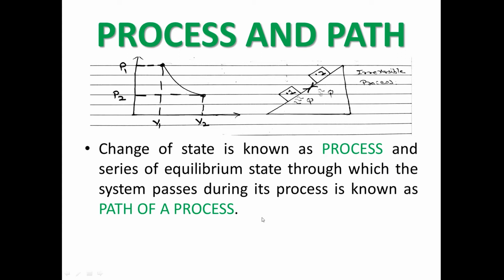Process and path is our next topic. Change of state is known as a process. We have seen that a state is a point or a coordinate, a property which describes the state, that is, the P1 and V1 point meeting at one place, that is a state.